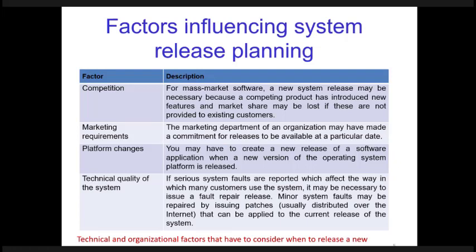Platform changes, hardware and operating system changes might force you to create a new release of the application. So a new version of the operating system has arrived, and therefore you need to create a new version of your application available for this new hardware.